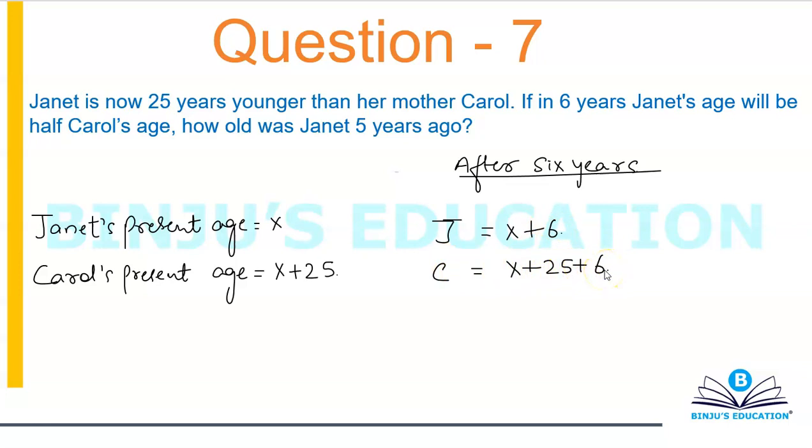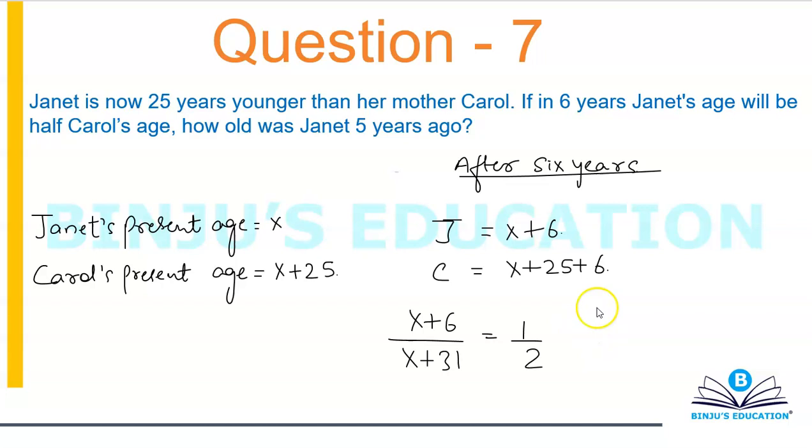In 6 years, Janet's age will be half Carol's age. So I can say that x plus 6 divided by x plus 31 should be equal to 1 by 2. Half means the ratio will be half. Or you can also do twice of Janet is equal to Carol, or Janet is equal to 1 by 2 into Carol. Either way you can write, you'll get the same result, it doesn't matter.